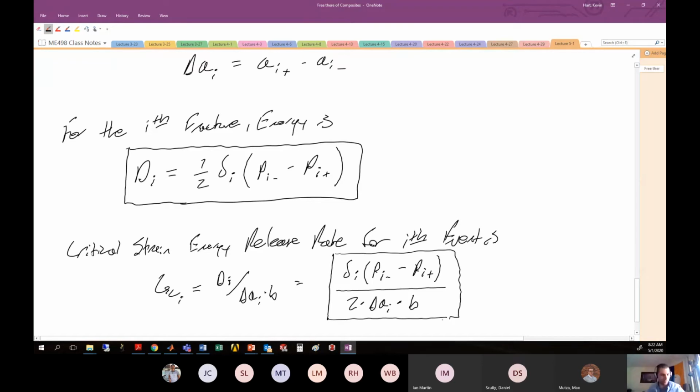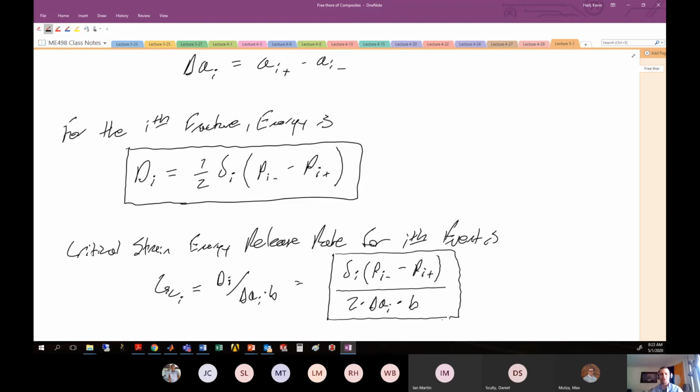So if you run an experiment with multiple of these events, you can just program your MATLAB loop to calculate the critical strain energy release rate of each particular event if you know all these values. If you know what is the displacement at each fracture event i, and you know what is the amount of load that's lost in each one of the events, and you happen to know the crack advance during each one of those locations.